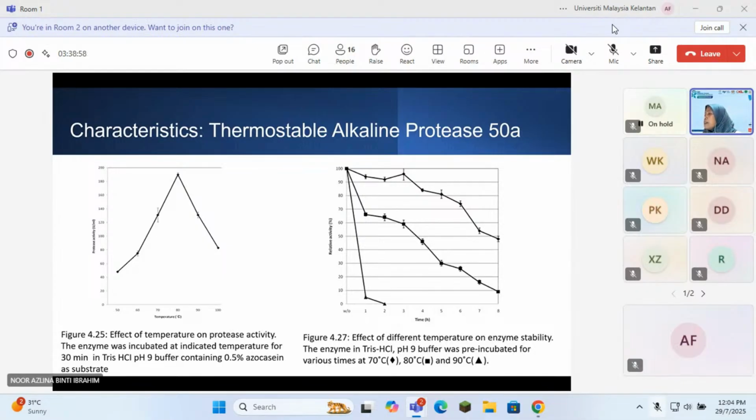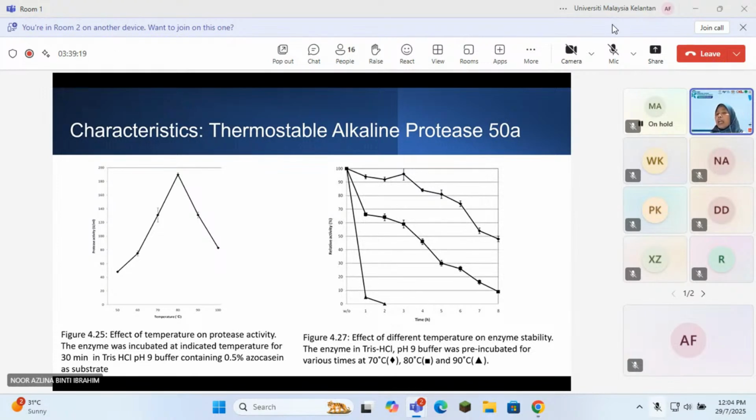For 80 degrees Celsius, the half-life is around 4 hours, meaning that this protease is able to withstand 80 degrees Celsius for 4 hours, but not 90 degrees Celsius. The enzyme activity drastically drops.